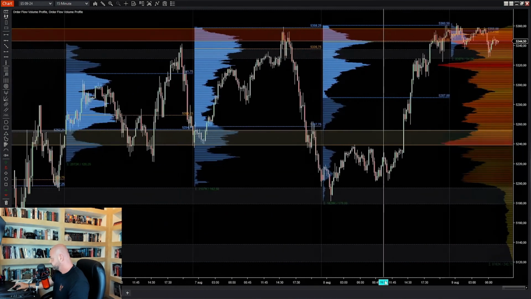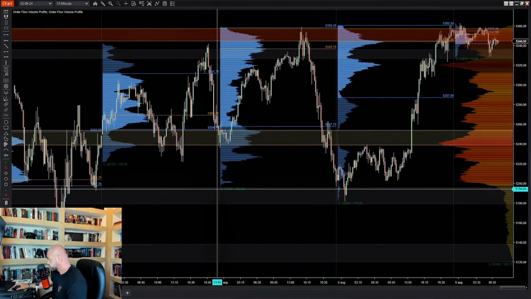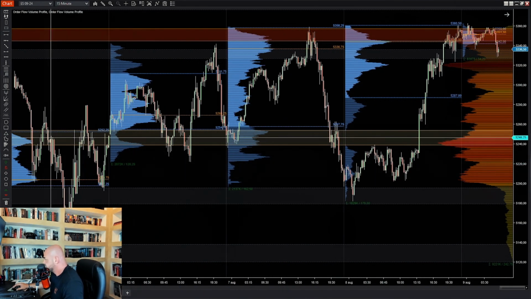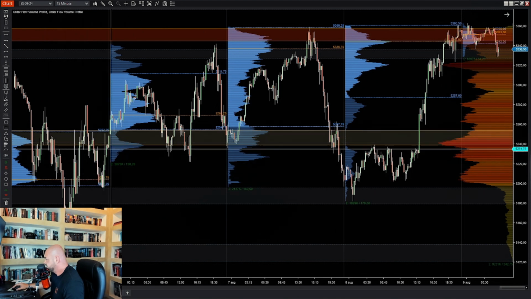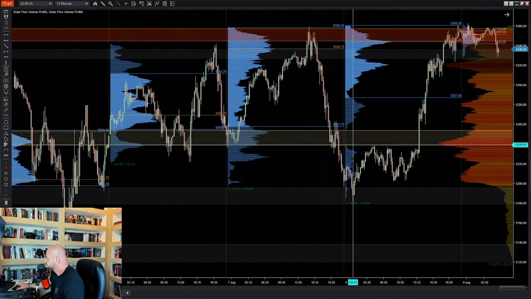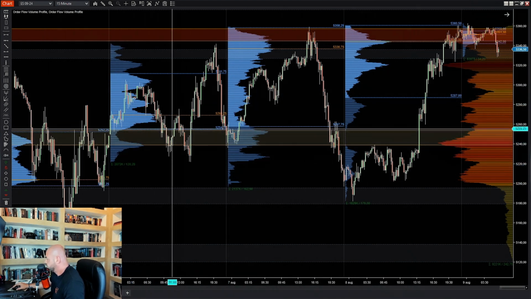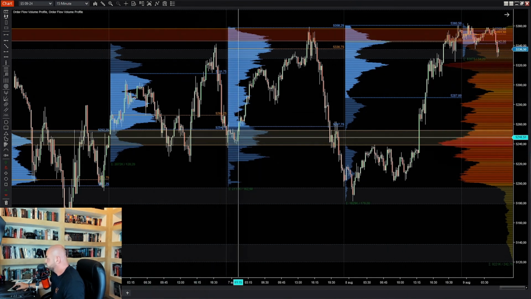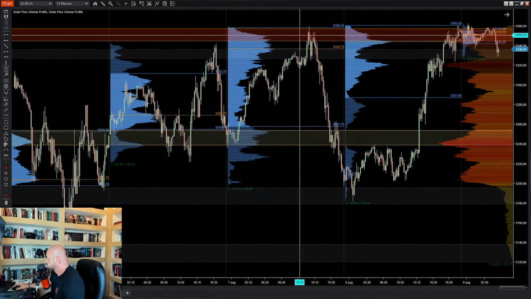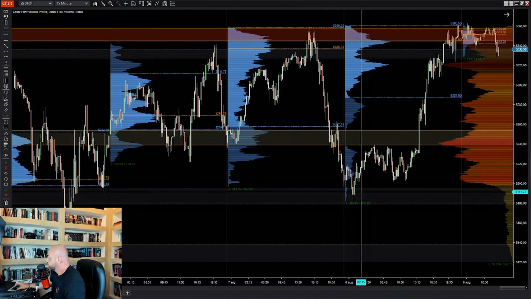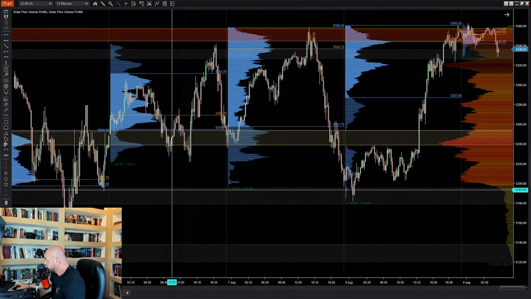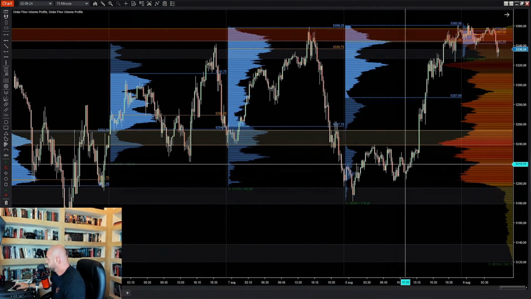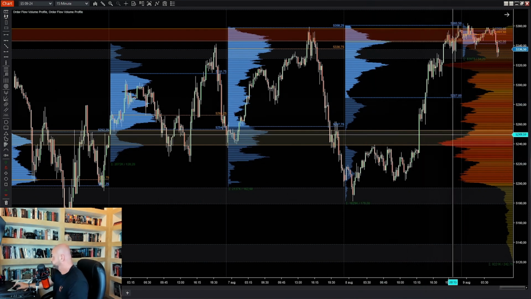Now what you can also do is keep in mind that we have a value area right here. Underneath this single print zone, we retested this value area. We looked above, we retested it again. We looked above, retested it, looked below. Got a test at this liquidity zone, made a little range, and then we fired through.